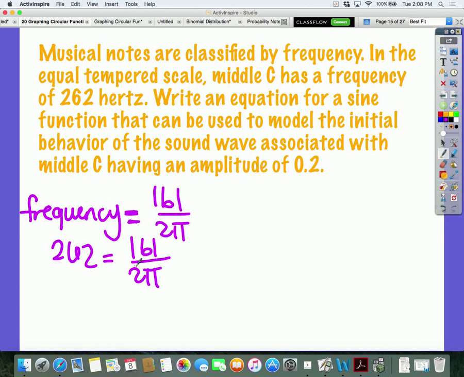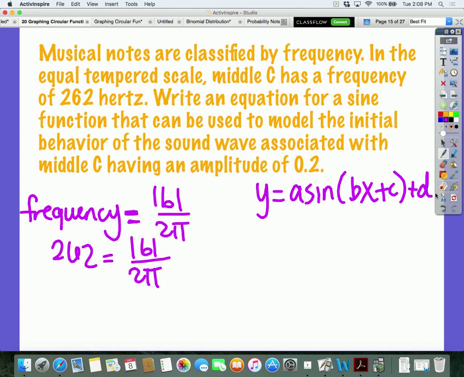X and Y. And where's that all coming from? The general form. I need the general form for a sine function. So to write an equation for sine, I need a general form. And then basically I want to plug in values for A, B, C, and D. X and Y stay where they are.